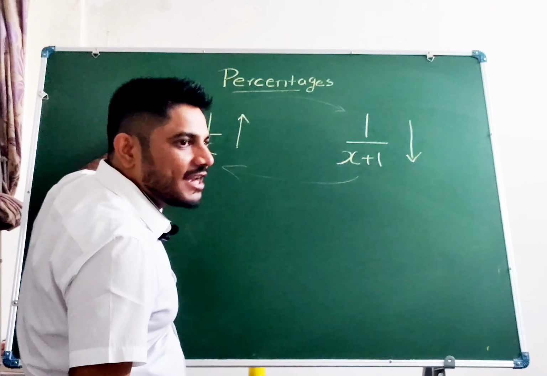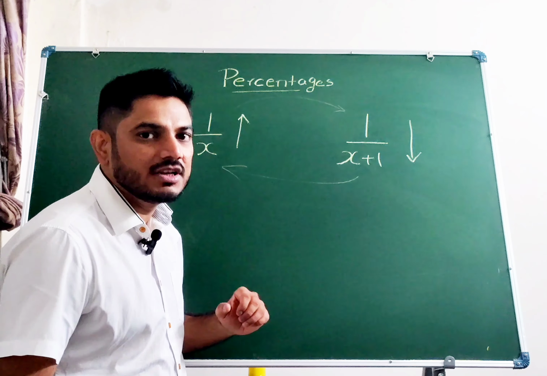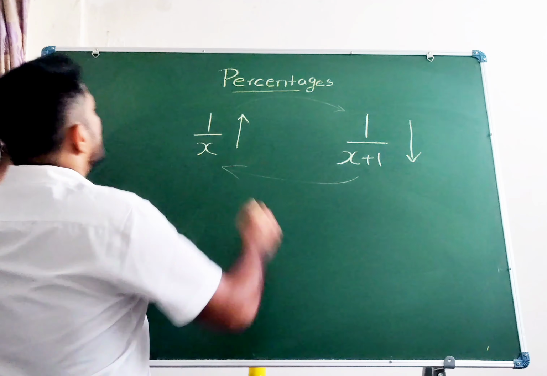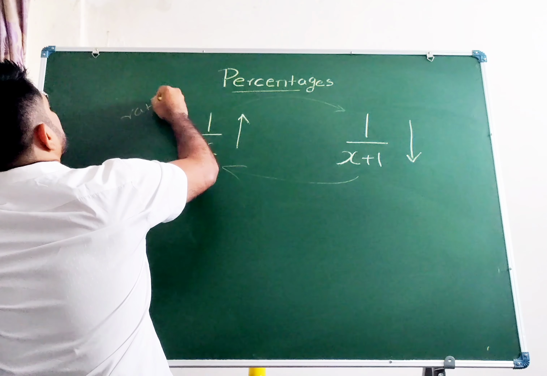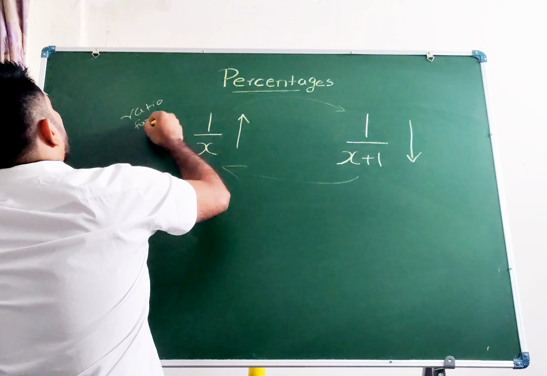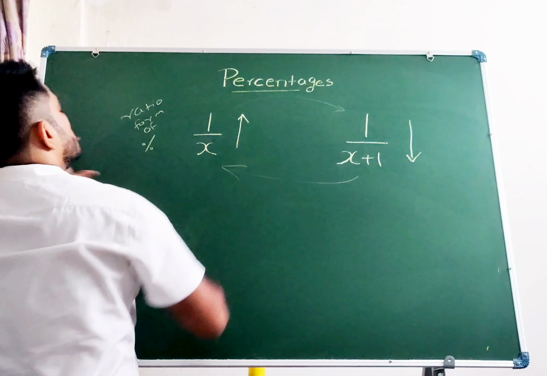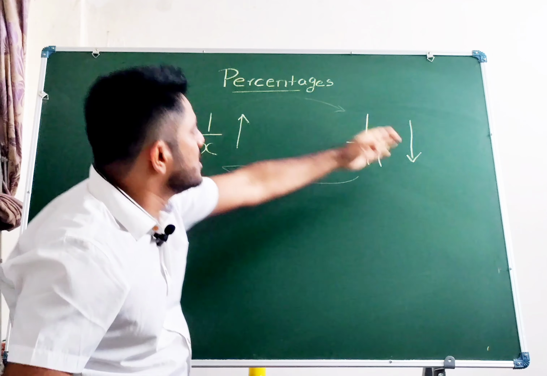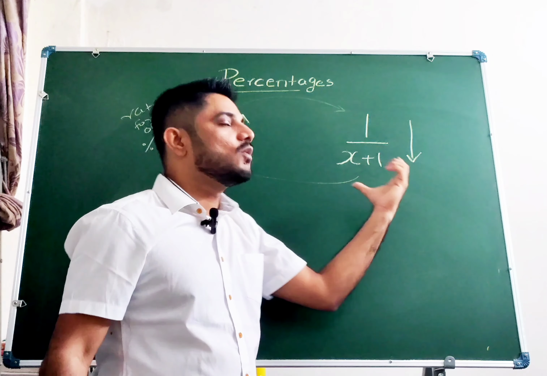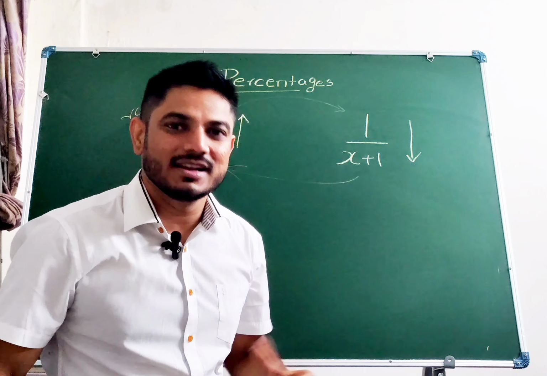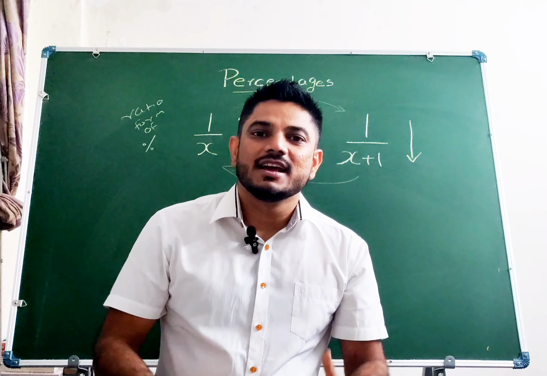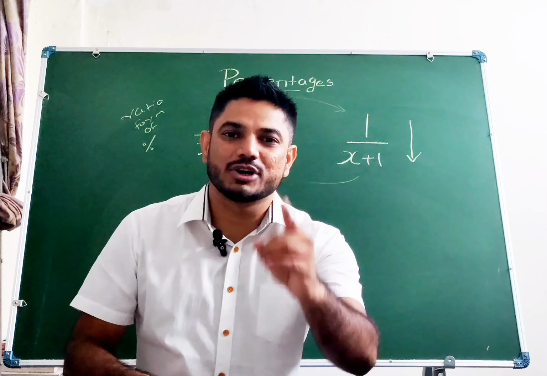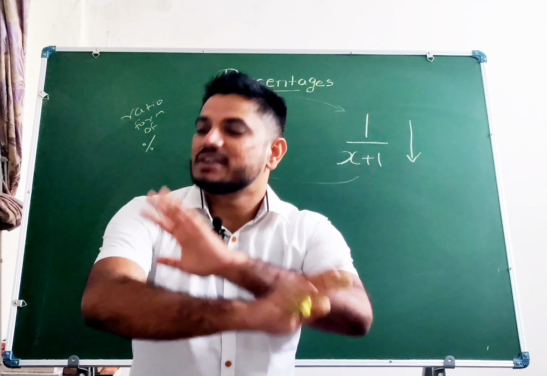If there is an increment of 1 by x in the forward direction, where 1 by x is the ratio form of percentage, the reverse direction has to be 1 upon x plus 1 directly. So if an amount is increased by 25%, to get back the original value, I should decrease it by 20% and done.